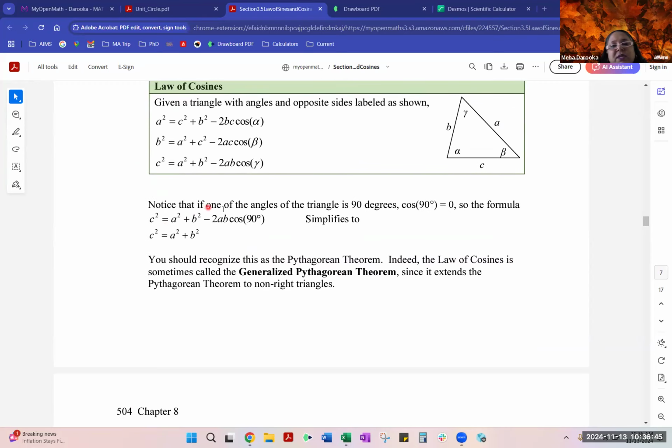They are also saying, notice that if one of the angles of the triangle is 90 degrees, then cosine of 90 degrees is going to be 0.